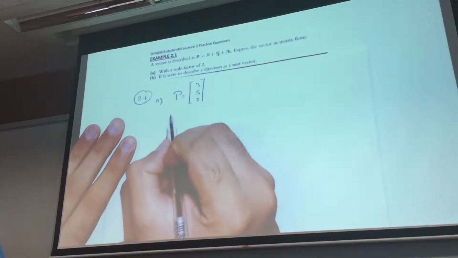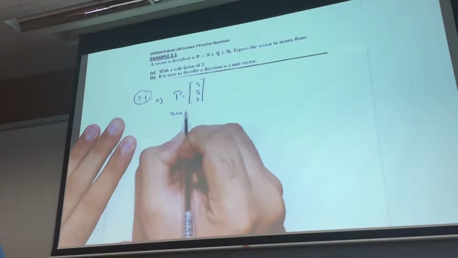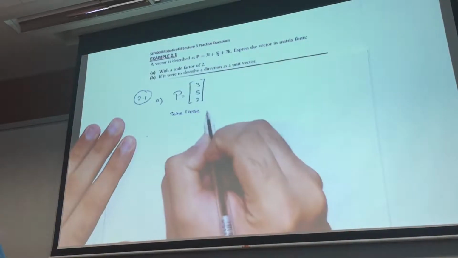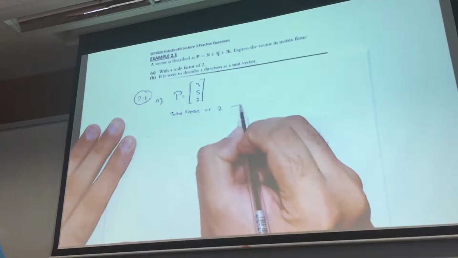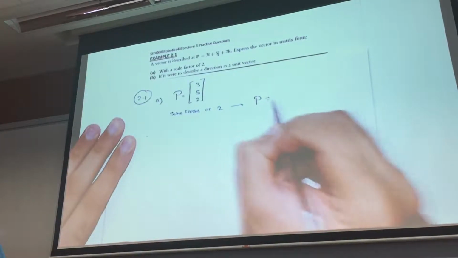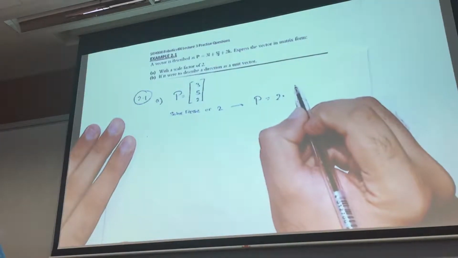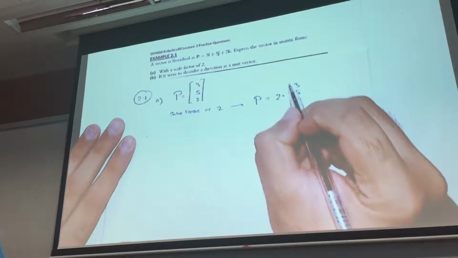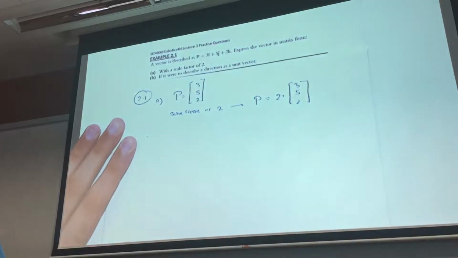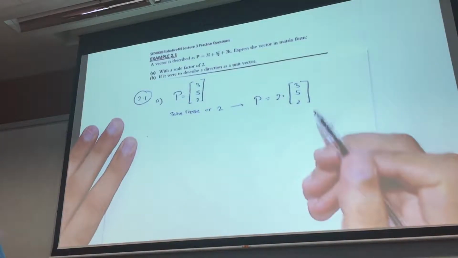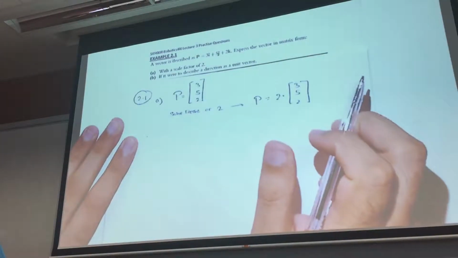If I say scale factor of 2, it just means P will become 2 times 3, 5, and 2. Rather straightforward, so there will be 6, 10, and 4.